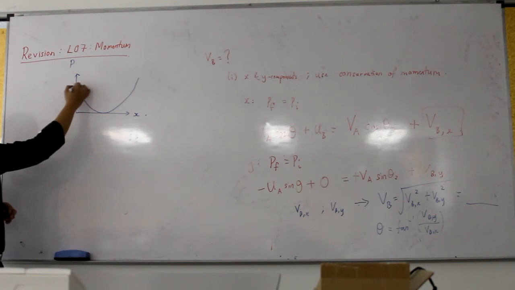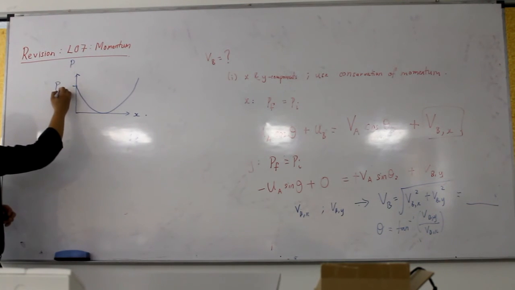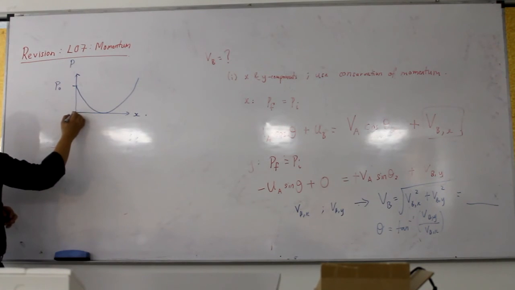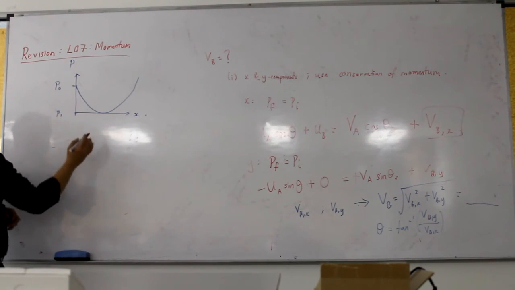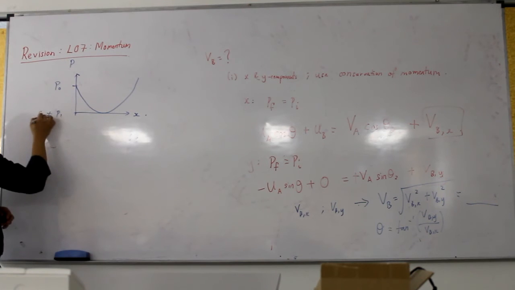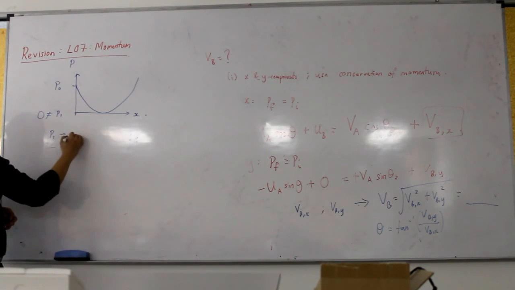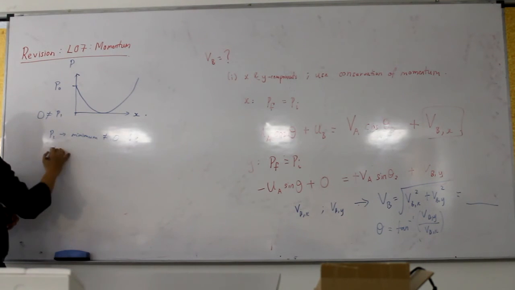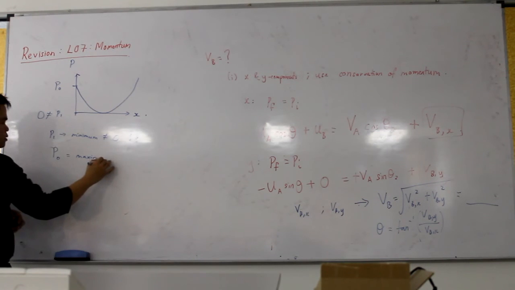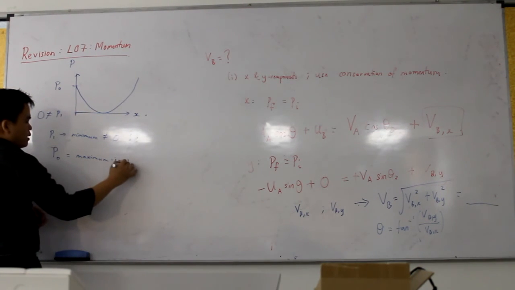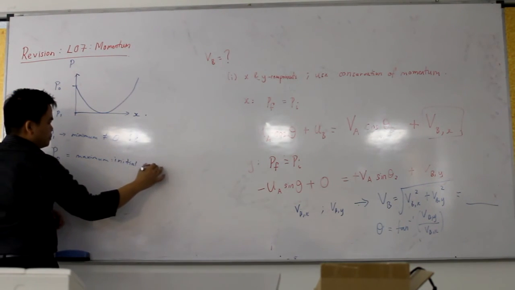And maybe here I put it as P0, and here is P1. But P1 is not 0. It just says that P1 is minimum, which is not 0. On the other hand, P0 is maximum, which is also the initial momentum.